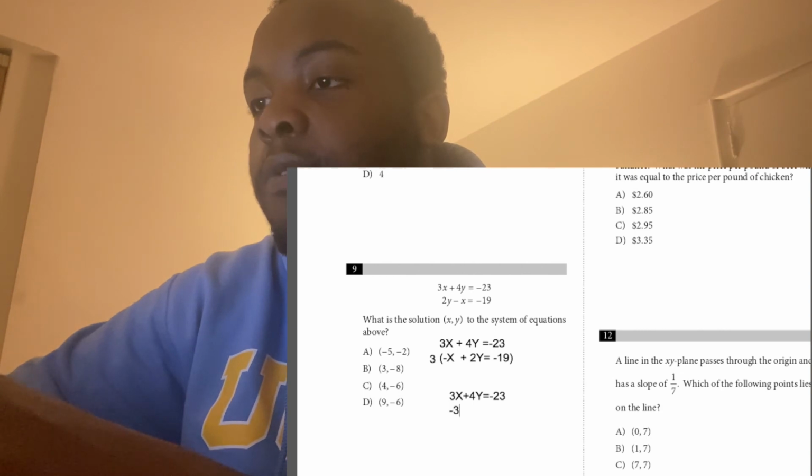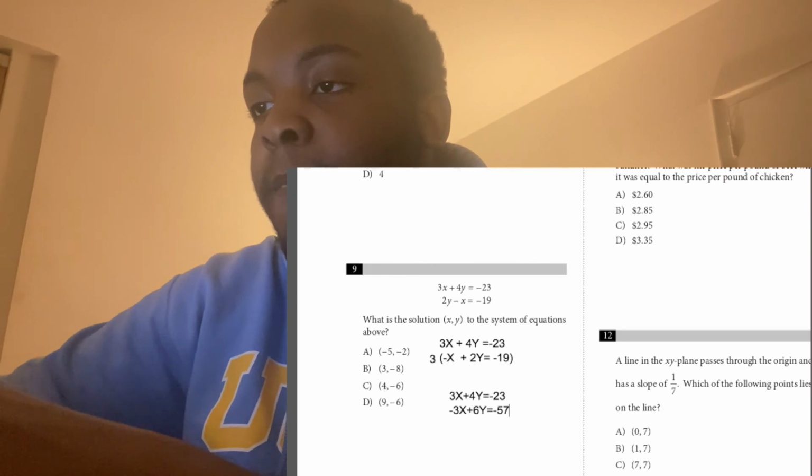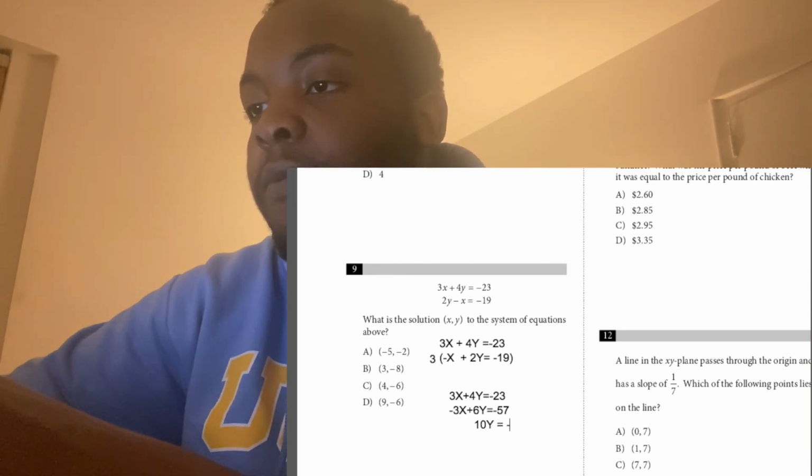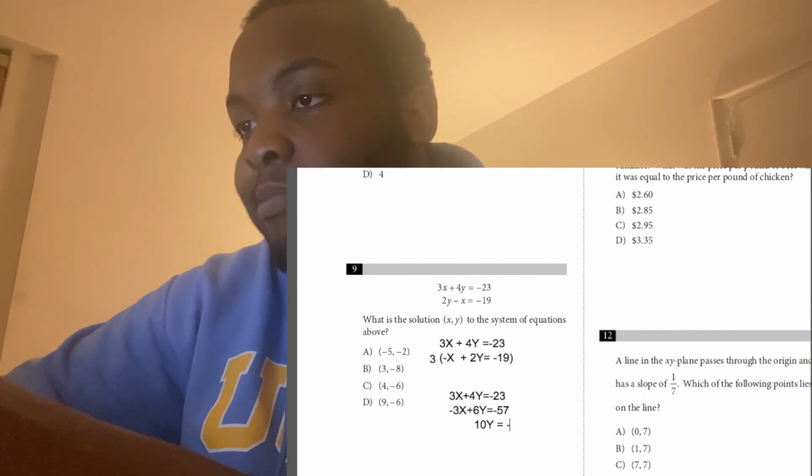And then we have negative 3x plus 6y equals negative 19 times 3, which is negative 57. Now you can add these, cancel out. That's going to give you 10y equals negative 80.